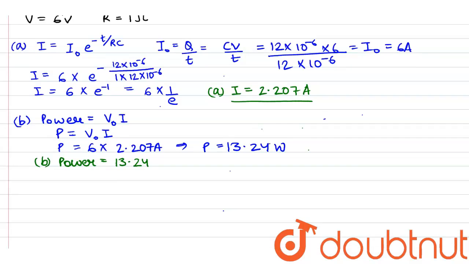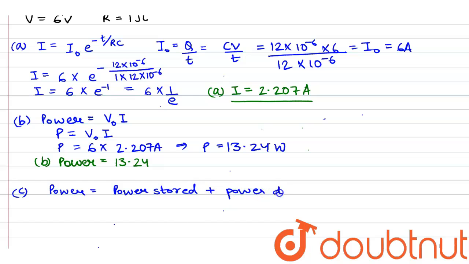Then we have part C in the question. For that, we'll consider another formula. For part C, we need to find the power which is dissipated. So total power equals the power which is stored plus the power which is dissipated.